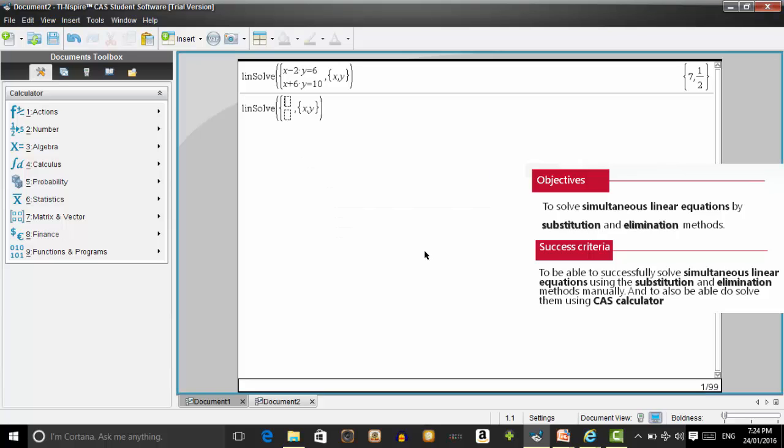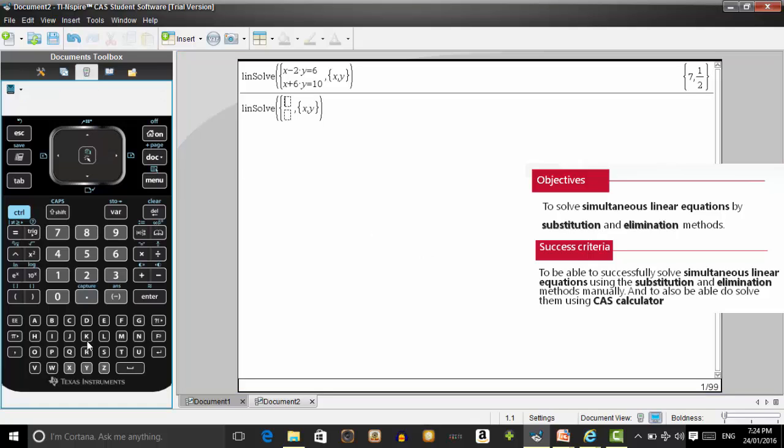Okay, so it tells us to enter the equations. We say it is x minus 2 times y at the top equals 6. That's the first one.